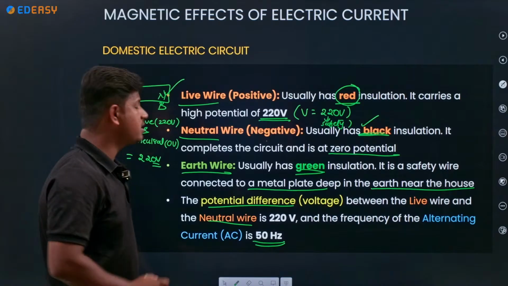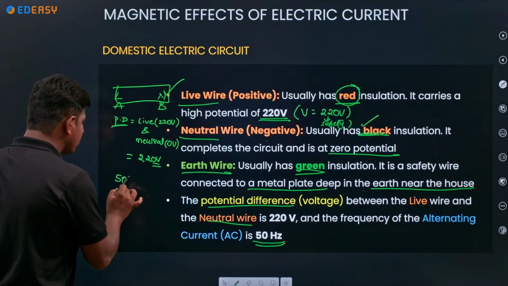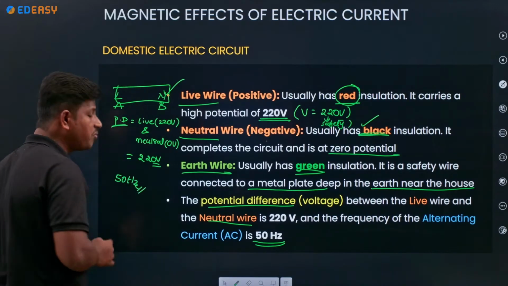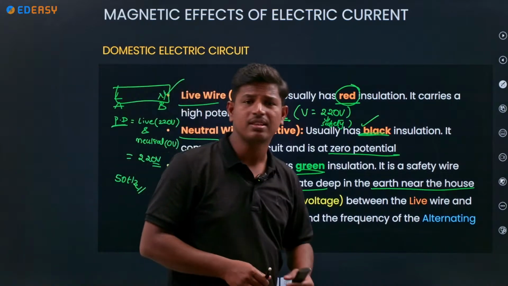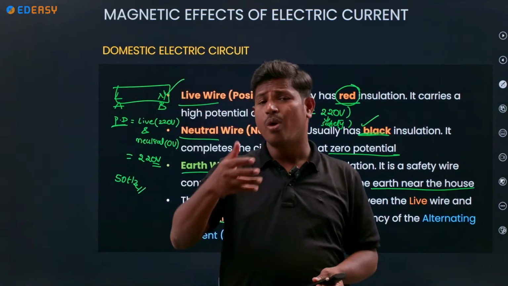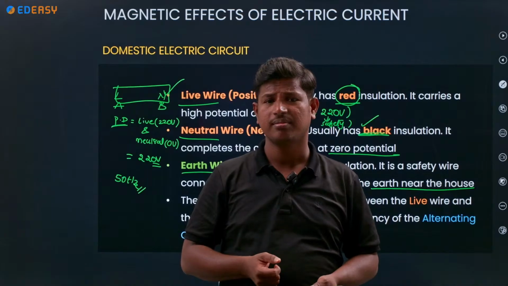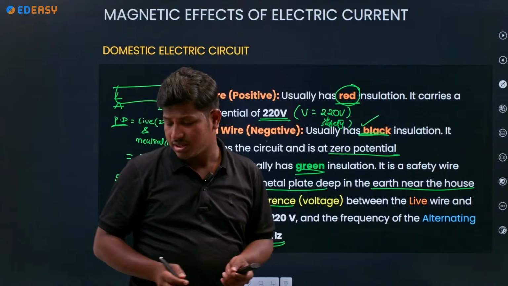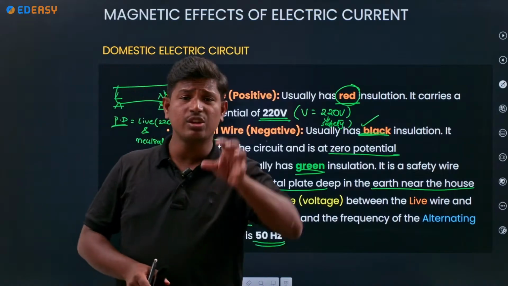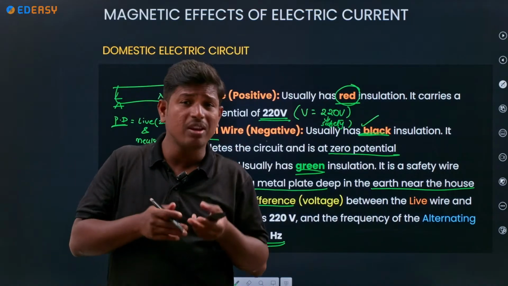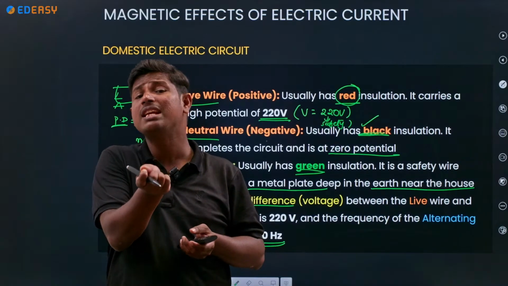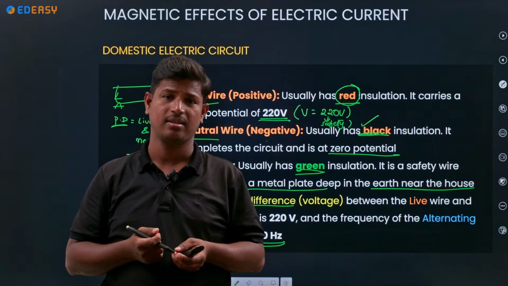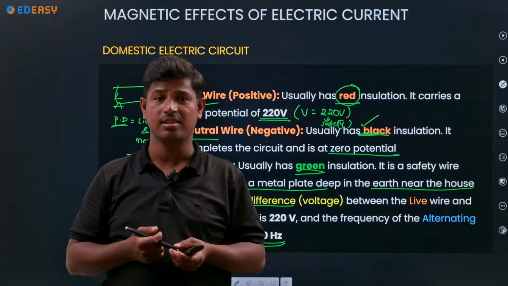And look at the frequency. What is the frequency? 50 Hz. Why is it 50 Hz? Anybody from the comment section? What is meant by Hz? It's a unit of frequency. What is meant by frequency? The number of oscillations that take place.